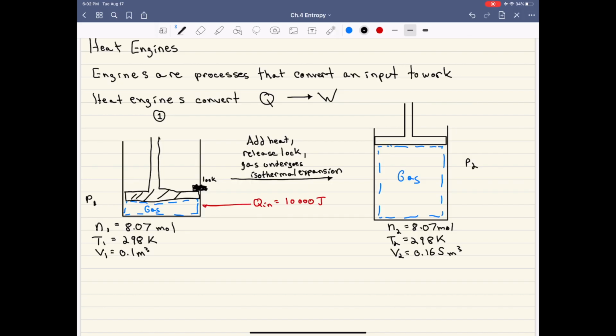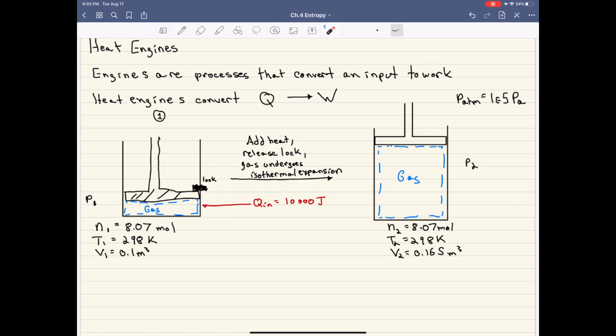The other thing I'll say is that throughout this entire process, atmospheric pressure stayed at 1 times 10 to the 5th pascals. So this is the premise, and these are the initial and final conditions of our system. We're going to use these initial and final conditions for both the reversible and the irreversible processes.